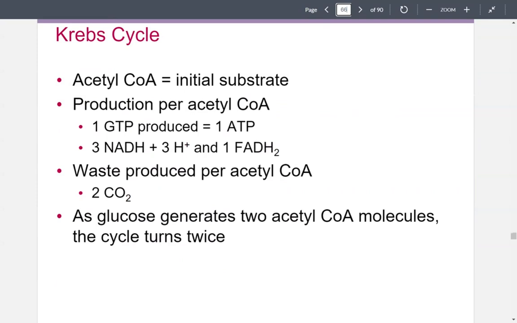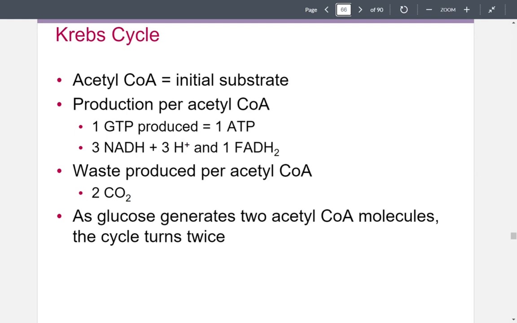Translation of all of that. Acetyl-CoA is our initial substrate. The production per acetyl-CoA is going to give us 1 GTP, which is going to produce 1 ATP, and 3 NADH, 3 hydrogen ions, and 1 FADH2. As a waste product, we're going to get 2 carbon dioxides, and this is per acetyl-CoA.